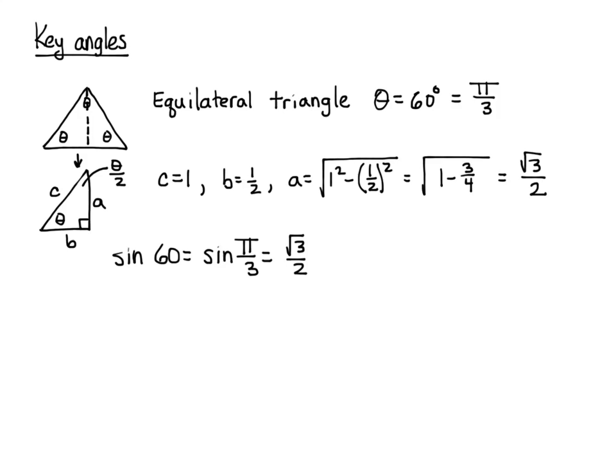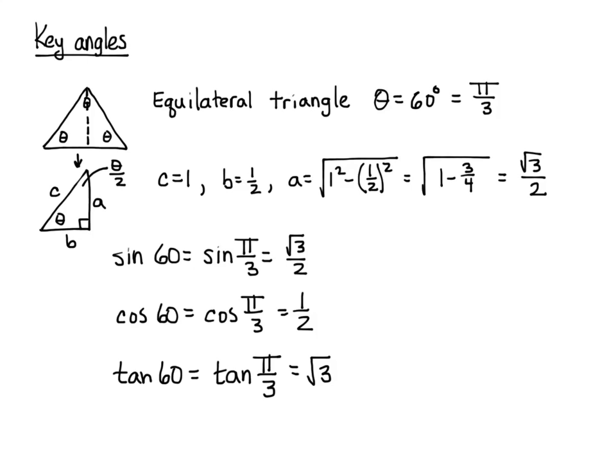And, of course, this bottom leg is going to be 1/2, so the cosine of pi over 3 is going to be 1/2. So 1/2 and the square root of 3 over 2 always appear together. They're paired. And then when we take the ratio, of course, we're going to get square root of 3 over 2 divided by 1/2, which will just give you the square root of 3.